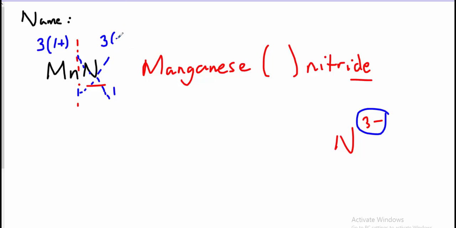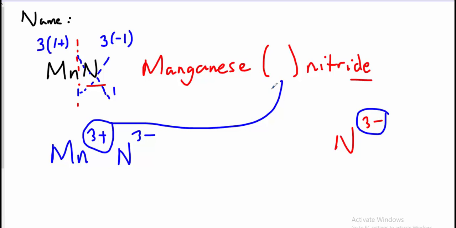Okay, so I'm going to multiply both by 3, so that means that really what I have here is manganese 3+ with the nitride 3- ion, and so I need to write this charge of 3 into the name, but I don't write it with a 3, I write it as a Roman numeral, which is 1, 2, 3, just like that.